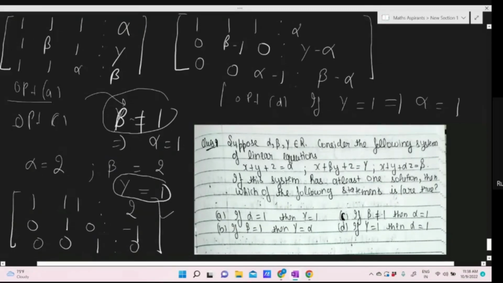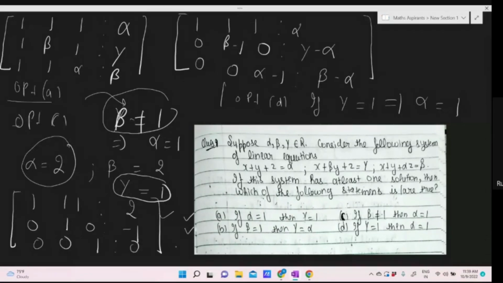From here, we can see that gamma is equal to 1 and alpha is not equal to 1, that is, alpha is equal to 2. So option number D is also the incorrect option, because we have found such a system where gamma is equal to 1 and alpha is not equal to 1. From here we can say that option number A and option number B are the only correct options.